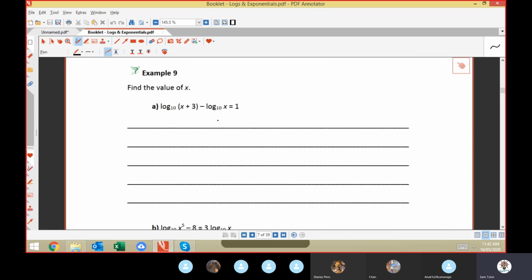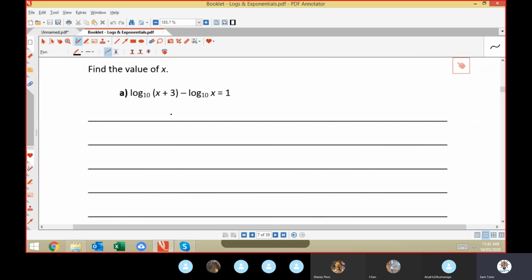Try that one out. You're solving. Again, you can't cross out the 10s because there's no 10 here, log 10. So I'll give you the first line.